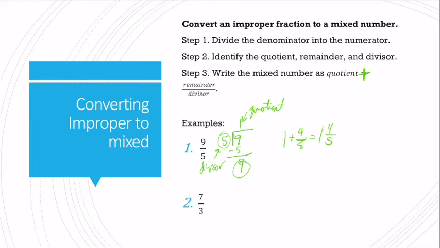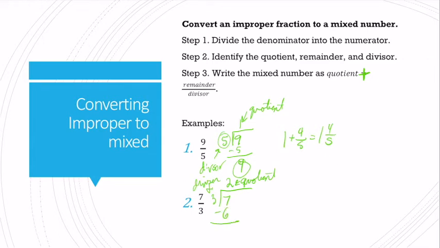Let's take a look at this next example. I have 7/3. How many times does 3 go into 7? That's the important question. We can see it's 2, right? So 3 goes into 7 2 times. That's our quotient. And here's our divisor. 2 times 3 is 6.